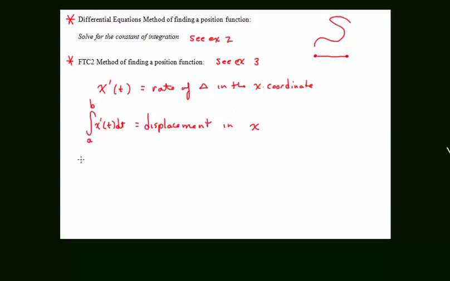Let's define this. Let's say that x of b, well, that's clearly the position of the particle at time t equals b, and we have x of a, which is the position of the particle at time t equals a, obviously.